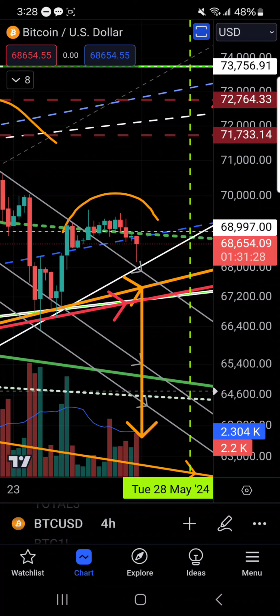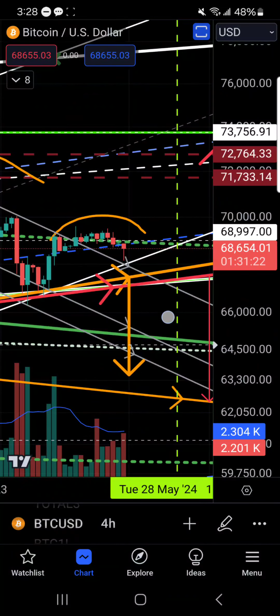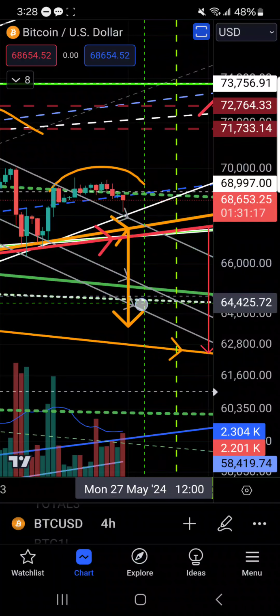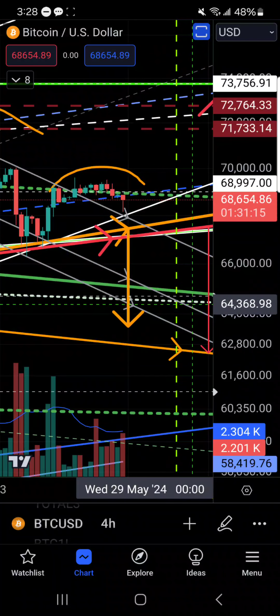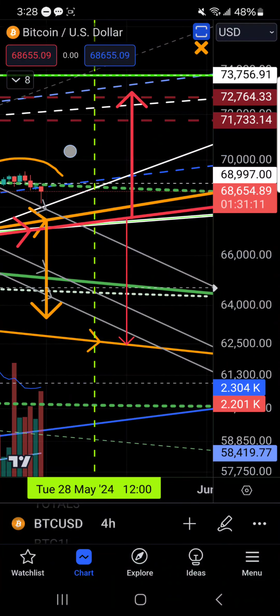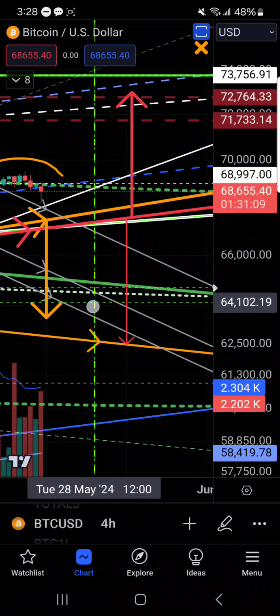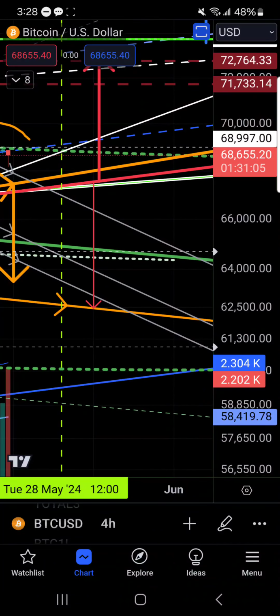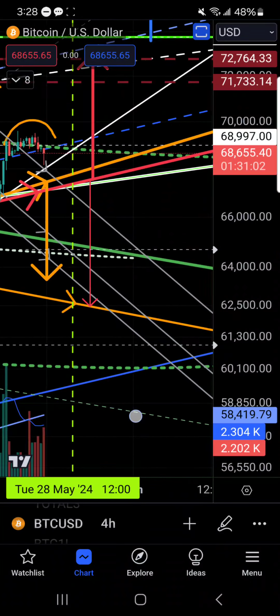Now, the other way to go is that if this head and shoulders does play out, perhaps then we just keep oscillating downwards in this channel, in this direction here, all the way through to the FOMC meeting.